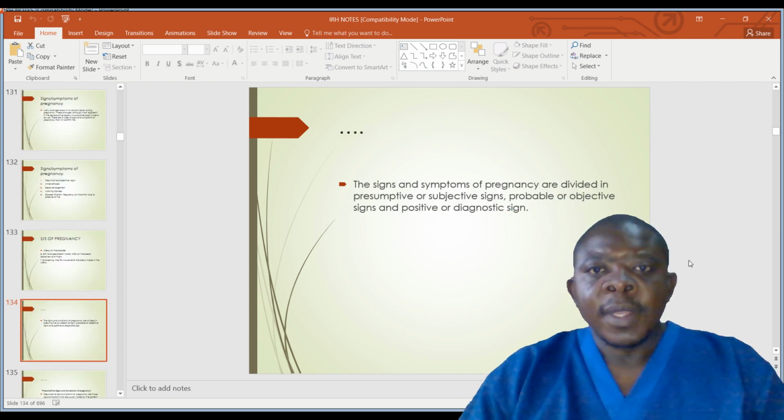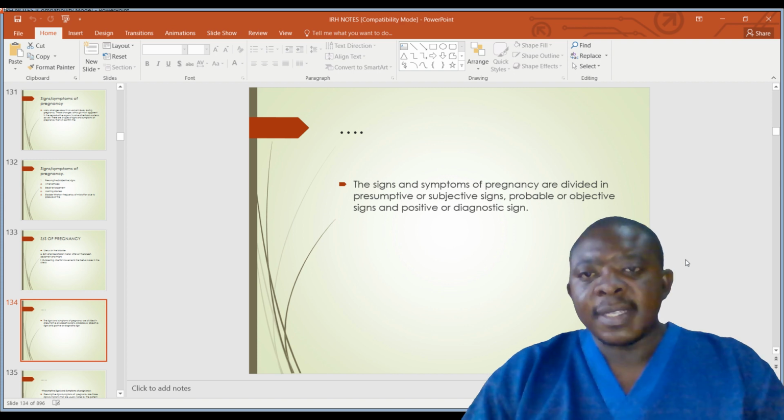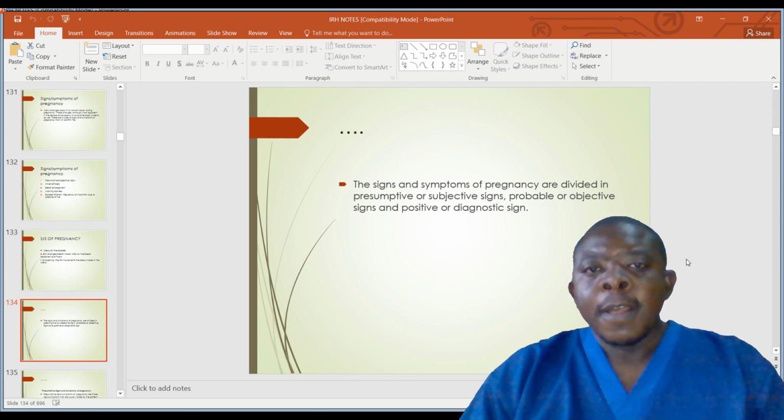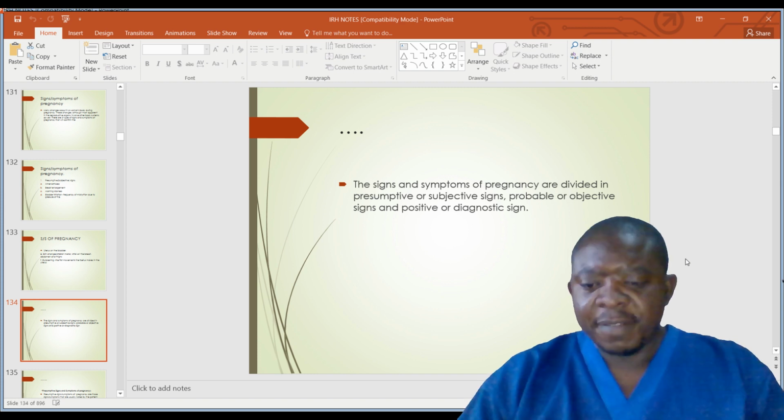The signs and symptoms of pregnancy are divided into presumptive or subjective signs, probable or objective signs, and positive or diagnostic signs. What we necessarily mean here is that the signs of pregnancy can be presumptive, probable, or positive.